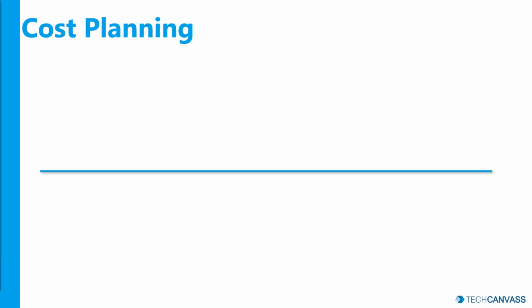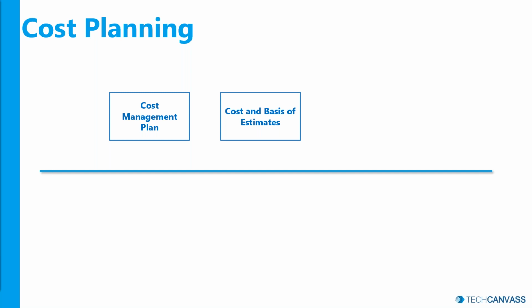You need to plan for cost because that's where everything drives to finally, right? You would be planning on what kind of estimation techniques you would use, right? And you need to justify your estimates, right? That's why, on one hand, you would document cost estimates, that is, how much is the cost for the project.